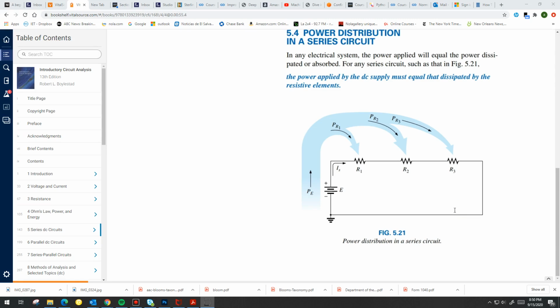by the devices. So the power supplied by this battery in this case is going to be equal to the sum of the individual powers absorbed by each of those resistors. Resistors, remember, absorb power. A source could provide power or could absorb power depending on the type of source, but resistors always absorb power.